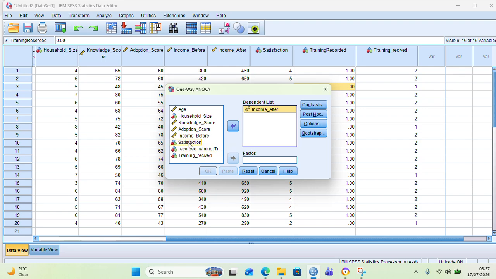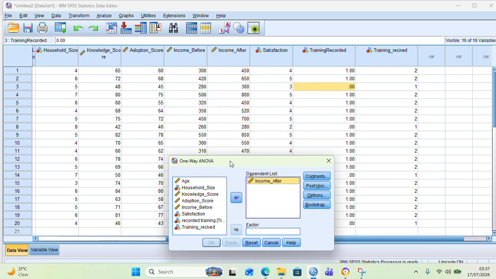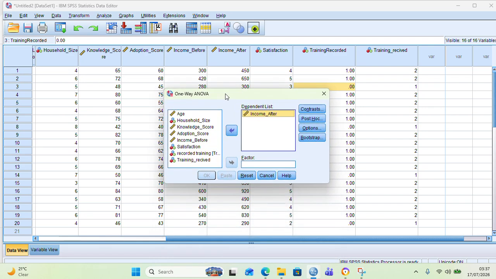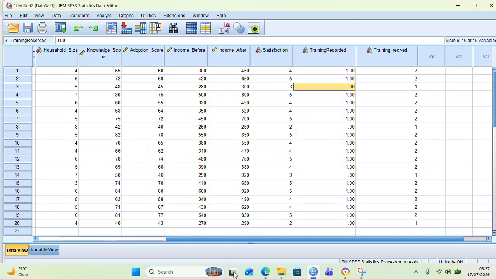Let's see. I don't know if satisfaction was, yeah, satisfaction, but it was in how many groups? More groups. So let's cancel and recode education so that we can come and do the analysis.